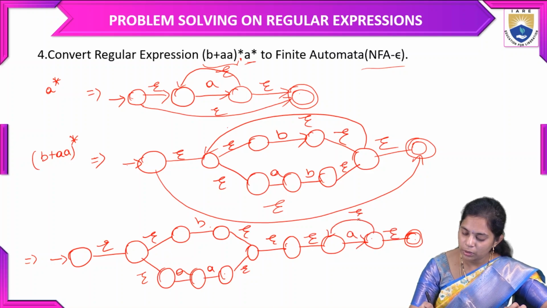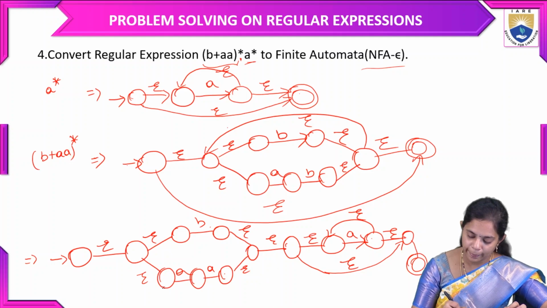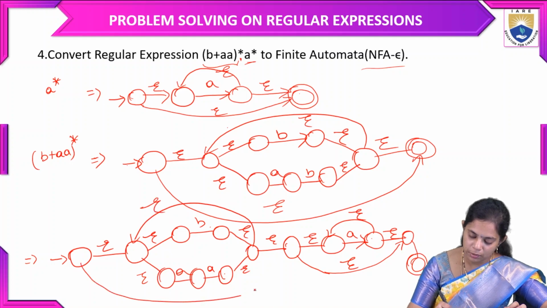So epsilon, and here one more state is required. So here epsilon, and for this one we need to write epsilon, and here we need to write the epsilon symbol.